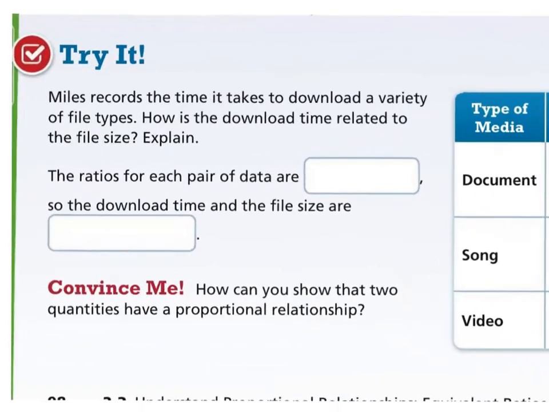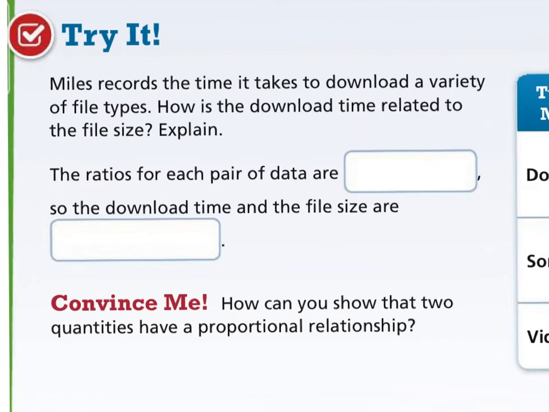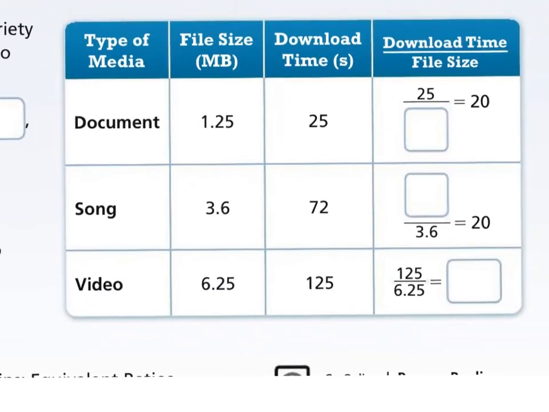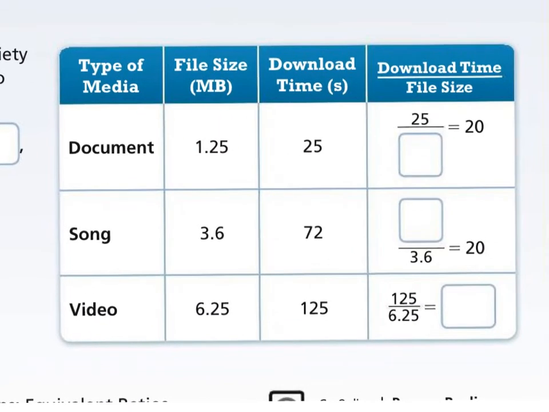On the Try It, Miles records the time it takes to download a variety of file types. How is the download time related to the file size? And explain. So if we look at the table over here, for a document, the file size is 1.25 megabytes and the download time is 25 seconds.